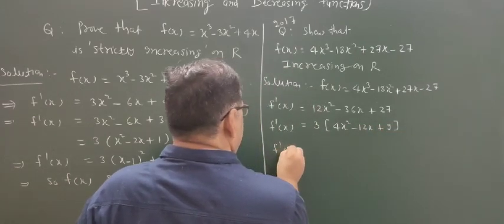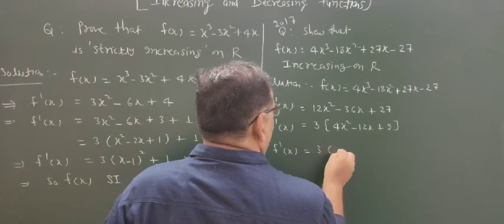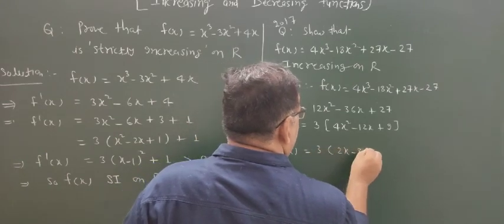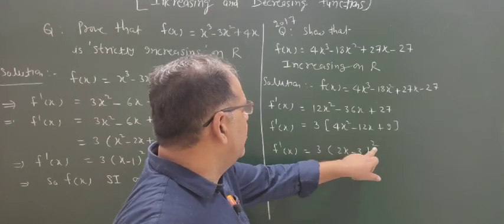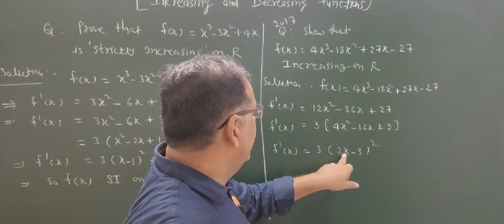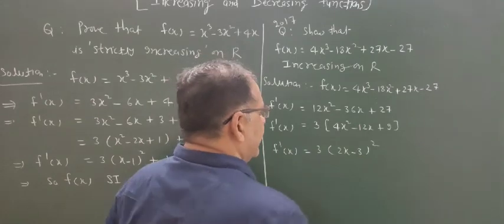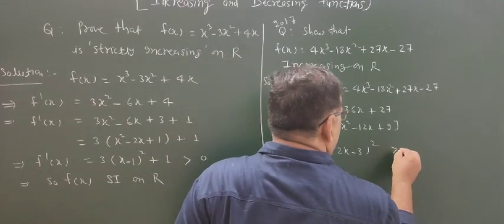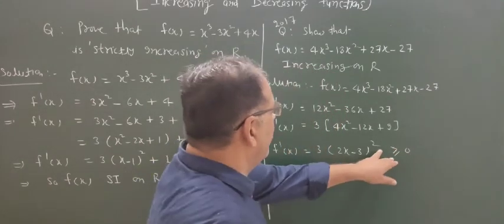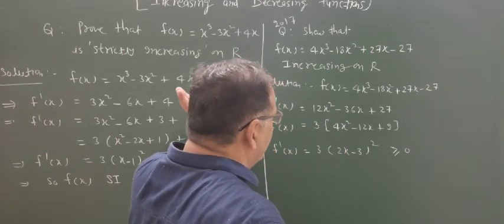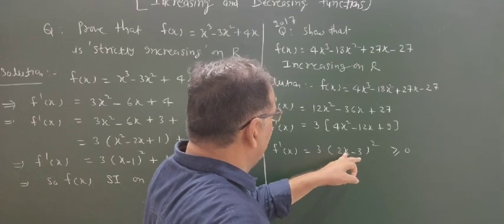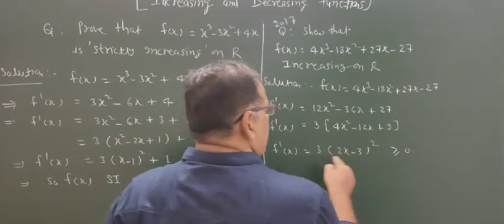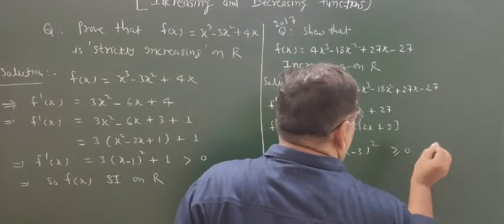In the next step, this can be written as 2x minus 3 whole square, because if you open 2x minus 3 whole square, this becomes 4x square minus 12x plus 9. This may be greater than or equal to 0, because there is no extra term. So 2x minus 3 is 0 at x equal to 3 by 2. So this f dash x is greater than or equal to 0.